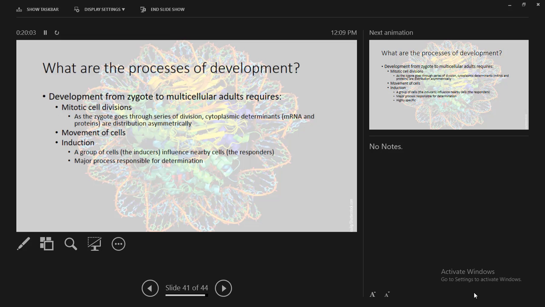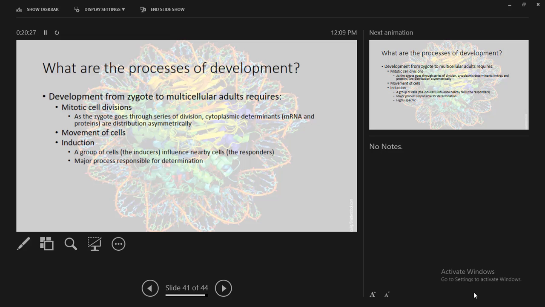Its external environment tells it what to become, which is really interesting for animals, at least, and some other eukaryotes, is you can remove a cell from that embryo, and now its environment is not telling it what to become, and it starts the process over. And so this is how you get identical twins in animals.